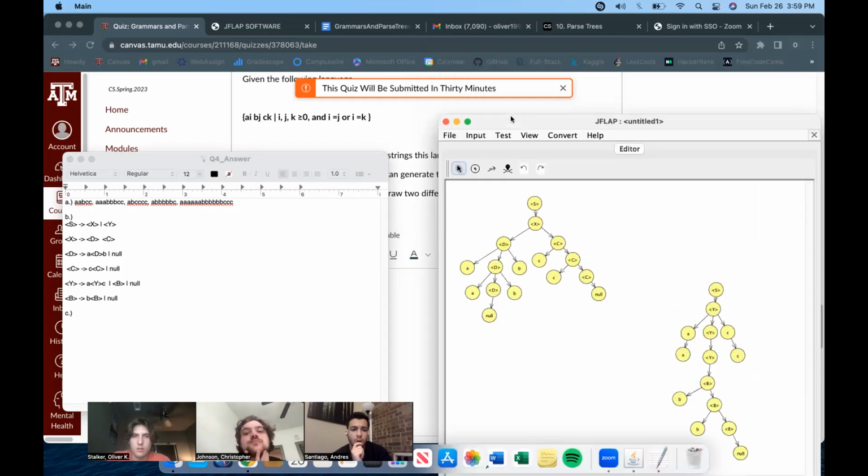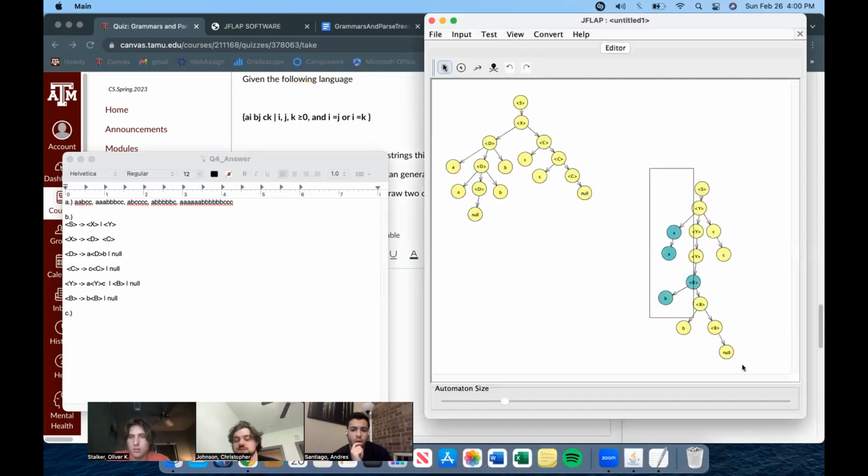Oh, 30. Okay, I thought that was like a 5-minute warning. No, oh my God, how long have we been doing trees? I can't seem to move this thing. Doesn't want to let me, but I can move this one this way. Oh, all right. Well, okay, cool. Nice. That's good.